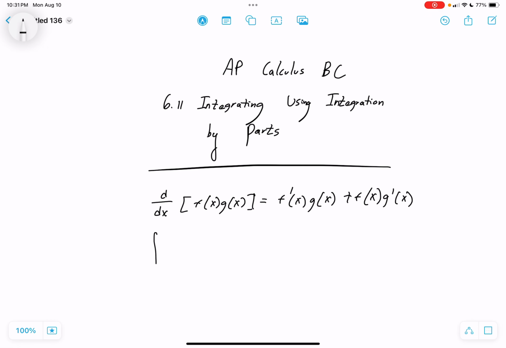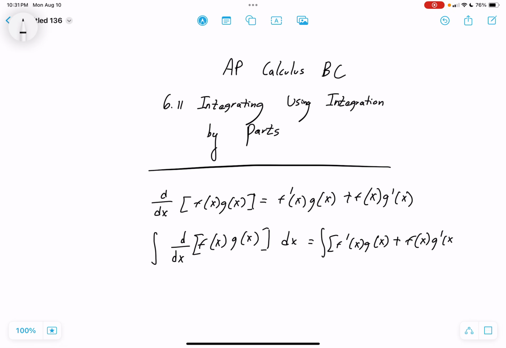So now I get the integral of d/dx of f of x g of x dx equals the integral of f prime of x times g of x plus f of x times g prime of x dx.